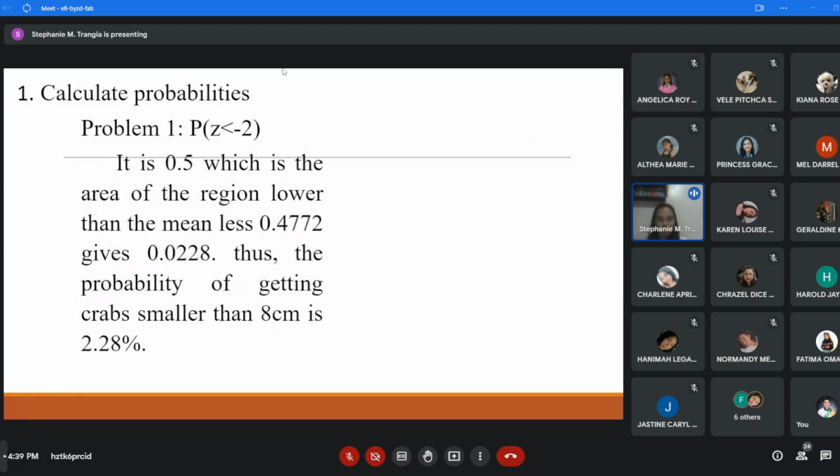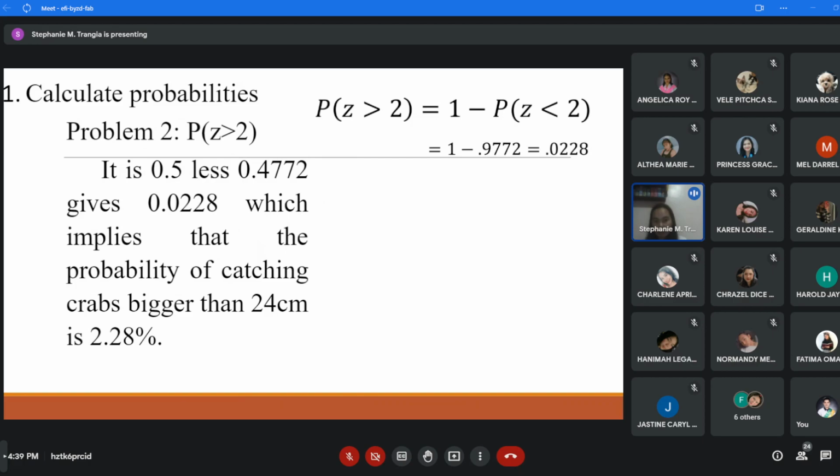Why in the first problem did I not do that? Because when we find areas to the left of Z, automatic you can use it directly. But when we find areas greater than, we cannot find it directly, but we can use the whole area minus the area to the left.